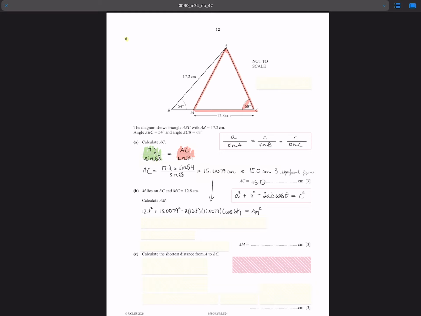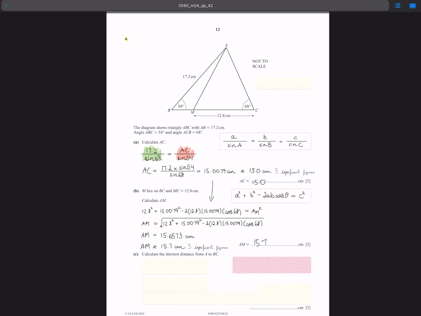So square root both sides, plug it into the calculator, quote it to 4 decimal places again, and then to present the answer to the examiner, we are going to round this off to 3 significant figures, and the answer is 15.7 centimeters.